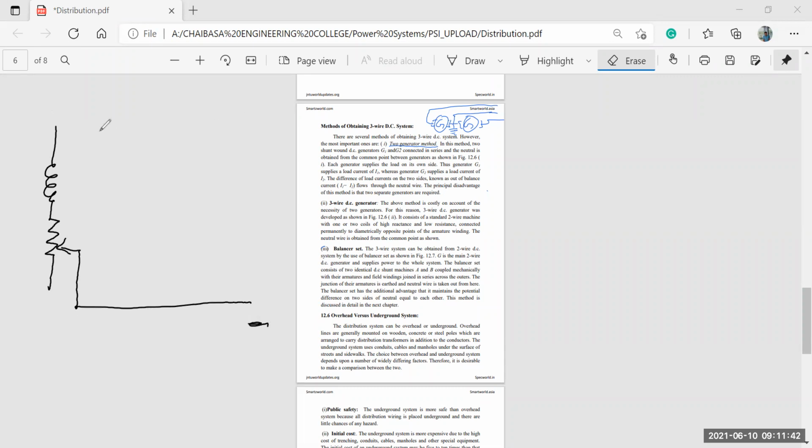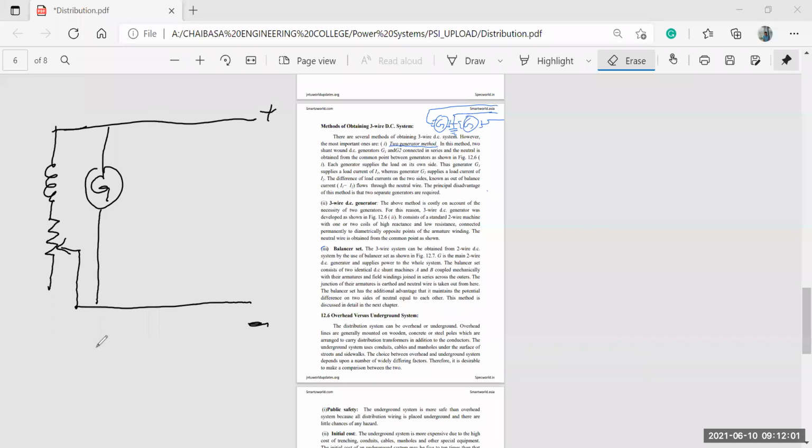This would be your minus, and this would be your plus. This is a two-wire position. This is your single generator attached to it, right? This set.